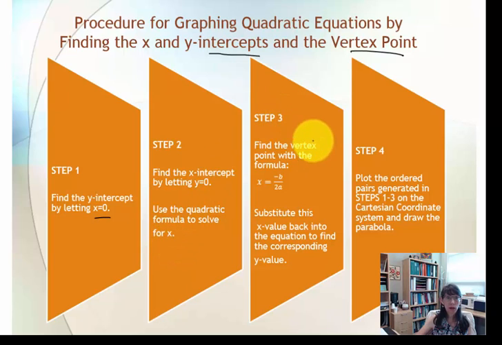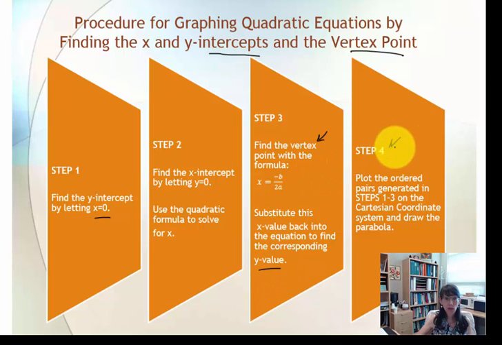In step 3, we are going to use the formula minus b over 2a to find the exact vertex point. That means we substitute the x value back into the equation to find the corresponding y value, because this formula will only tell us the x value. So once we know that x value, we can substitute it back into the quadratic equation to find the corresponding y value.